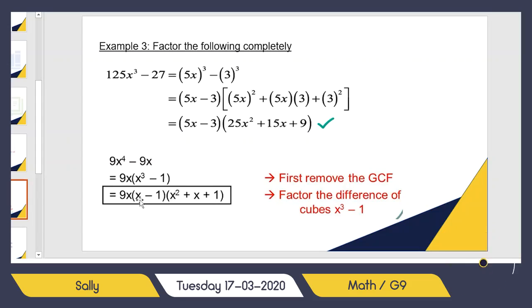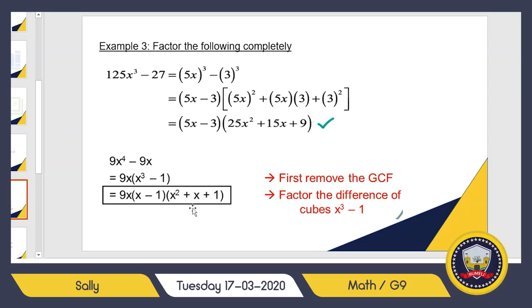If I multiply x by itself 2 times, it will give me x to the power of 2. Let's leave the middle term and go for the last term in the second bracket. As I always say, it always takes a positive sign. So it's always positive. What about 1 multiplied by itself 2 times? It will give me 1.